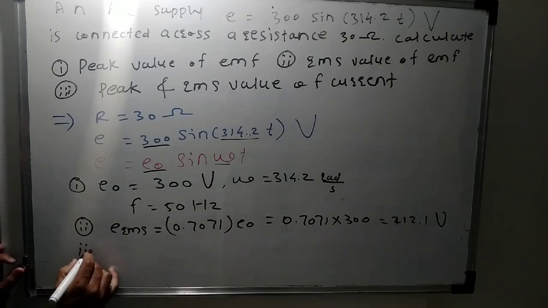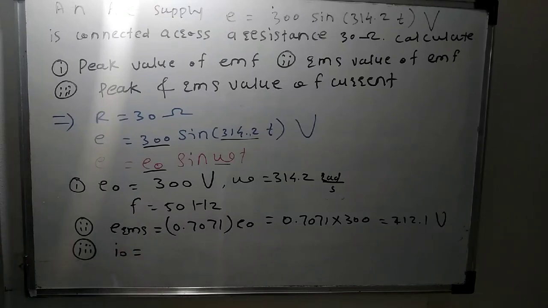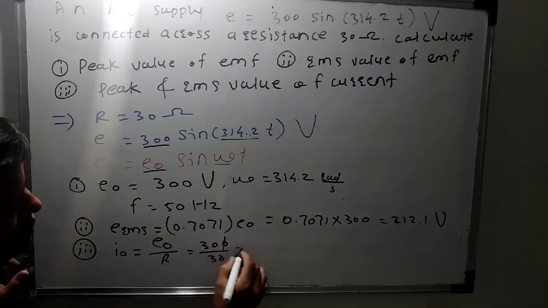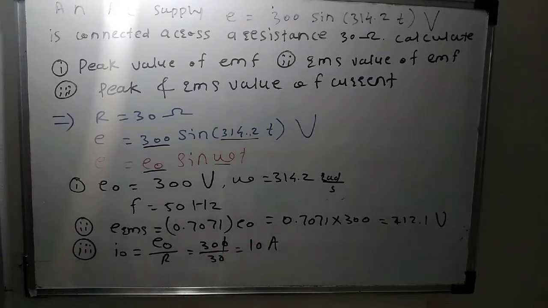What would be the value of the peak value of current? It is E naught upon R according to Ohm's law. I is equal to V upon R. So by using the same rule, it is 300 upon 30, so 10 ampere is the value of current.